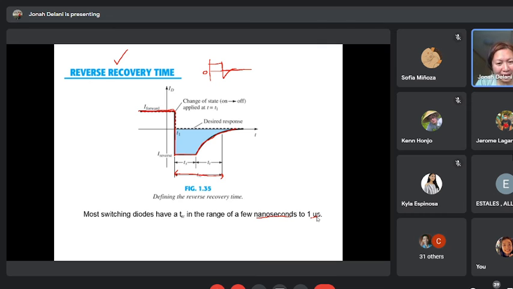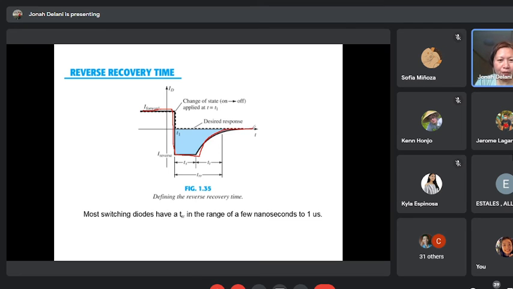But anyway, an ordinary diode in its operation may not act as expected at very high frequency, if we consider the reverse recovery time. When we turn off the diode, it would take a certain time for it to be actually off.